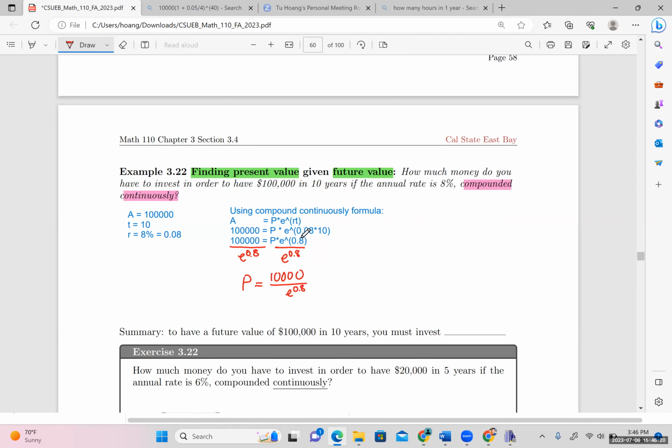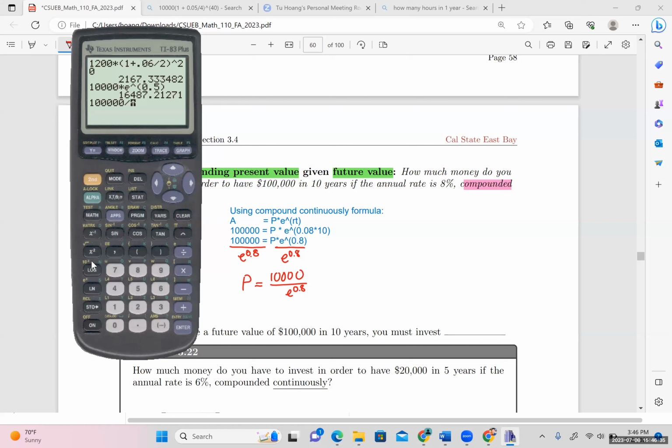Now I can just use the calculator. 100,000 divided by E raised to power 0.8, using this button. Okay, so you have 44,932.